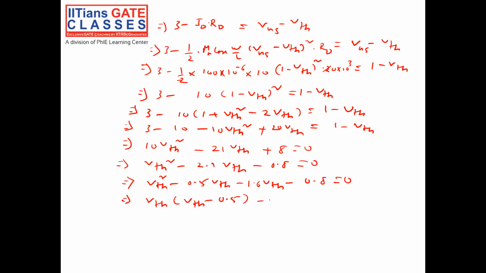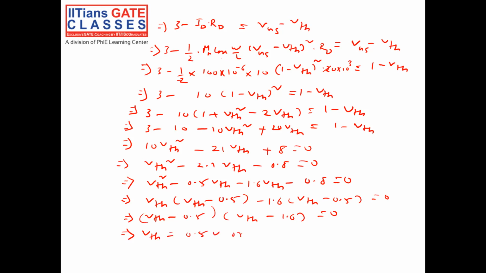Here let's take 1.6 common, I will get VTH minus 0.5 is equal to 0. This implies VTH minus 0.5 into VTH minus 1.6 is equal to 0. This implies VTH is equal to 0.5 volt or 1.6 volt.